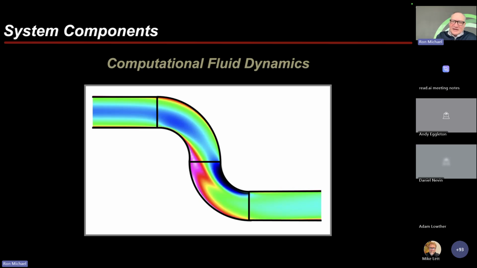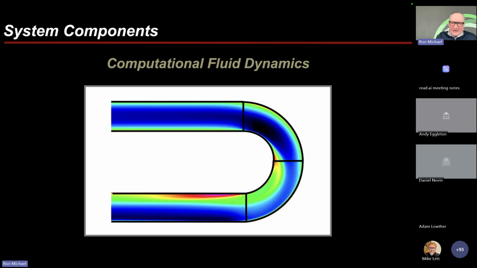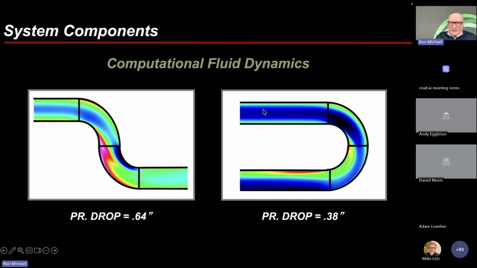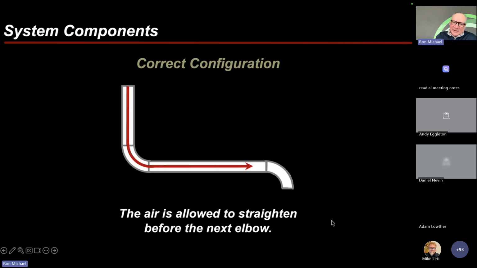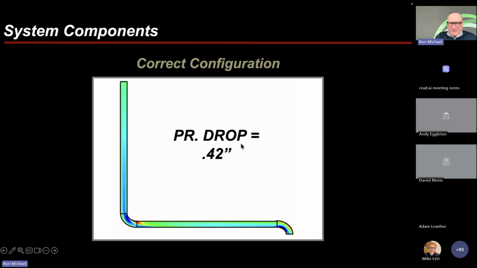Okay. We even calculated these using CFD. And what we found was, again, the SMACNA book said the pressure drop would be 0.45. This one was 0.64. This was actually lower. Well, what would match what the SMACNA guide said? I've got a straight duct into the elbow, straight out of the elbow, straight in. And when we modeled that, that came very close to what SMACNA said.